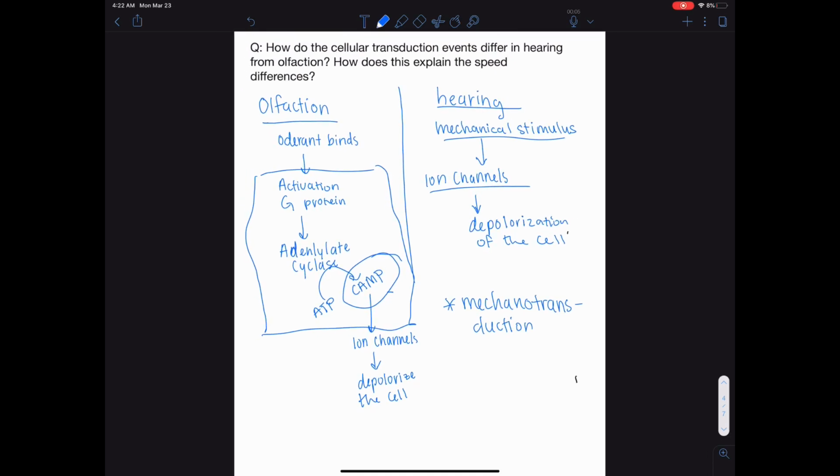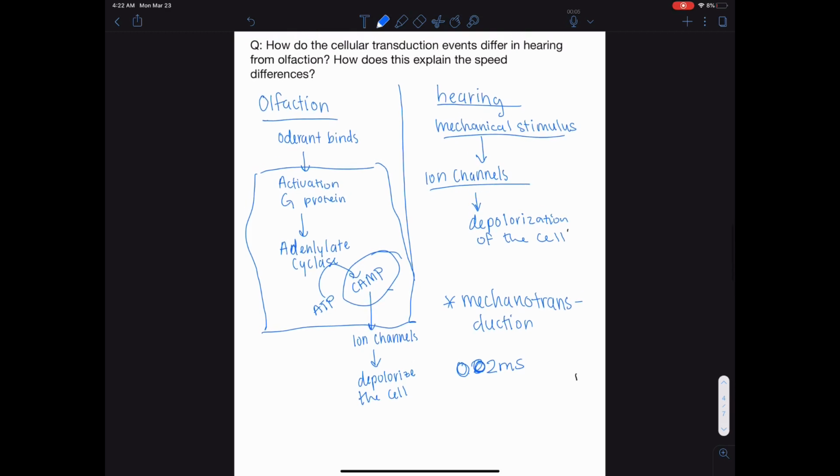With that, you can detect time delays as low as 0.02 milliseconds with this system, and this quick processing allows us to tell the direction that sound is coming from.